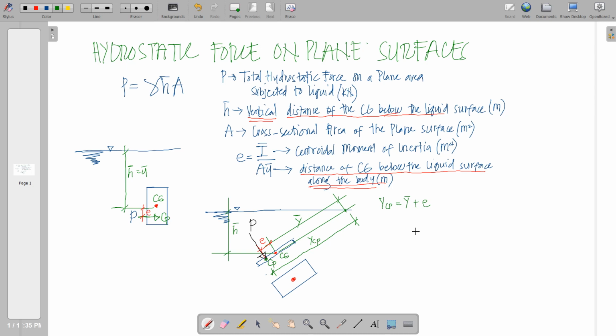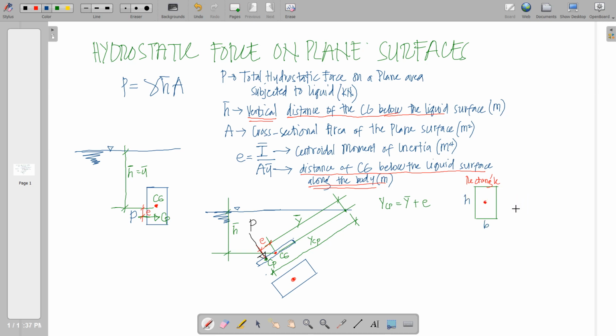In this type of problems, we need to recall the centroid formulas as well as the centroidal moment of inertia formulas. For a rectangle, the center of gravity is half of the dimension.